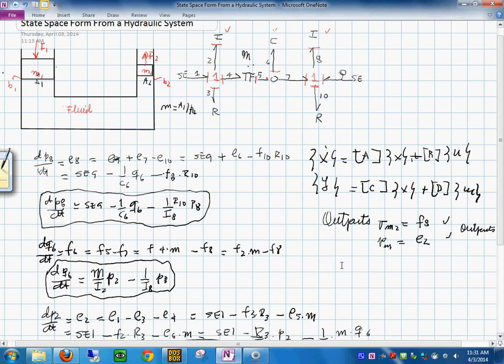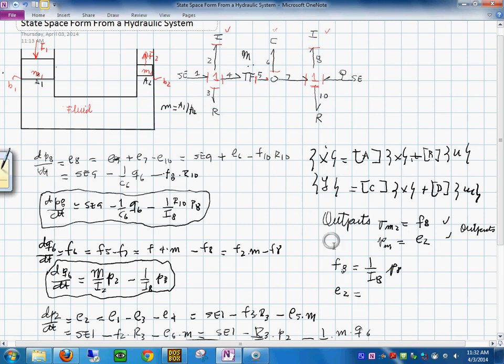So if you write the equation for the output also, F sub 3 in this case, what did I put? Is F, no, F8, I was reading it wrong. F8, what's F8? This is 1 over I sub 8, P sub 8. And what is the other one, this E2?